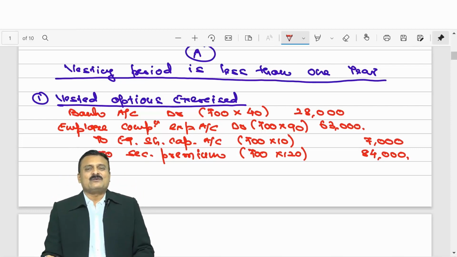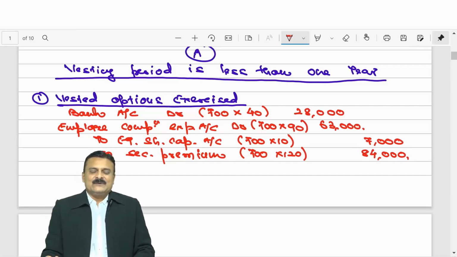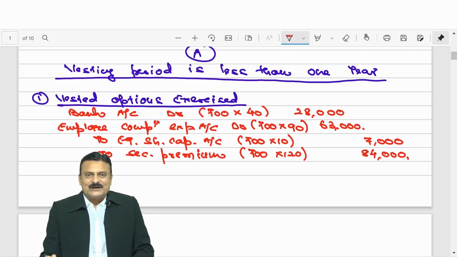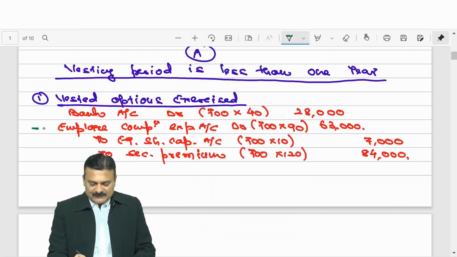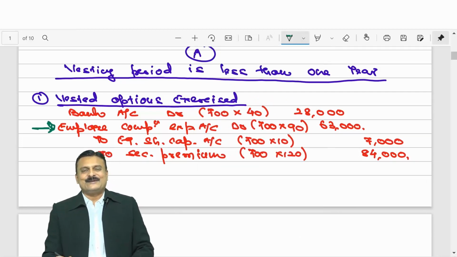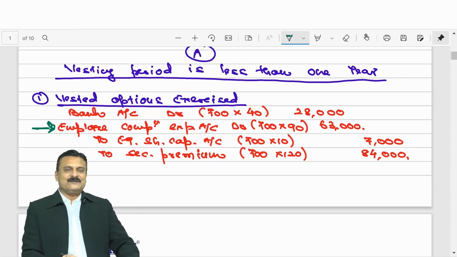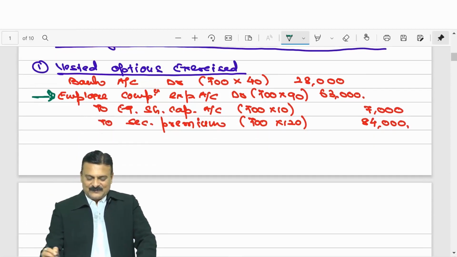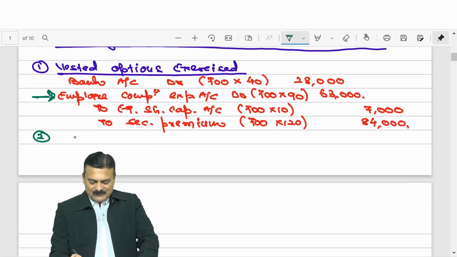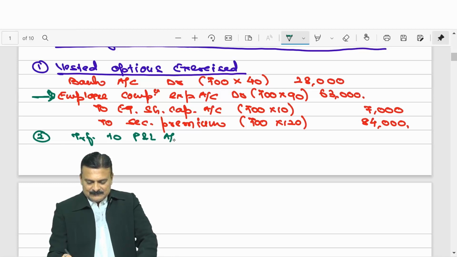And second, which you know right from your 11th standard of accountancy, the rules of nominal account, that at the year end, all nominal accounts should get closed and they should be transferred to profit and loss account. In our journal entry, the nominal account is this one, employee compensation expense. So now at the year end, this employee compensation expense should be debited to profit and loss account. So my second entry is simple, transfer to P&L.